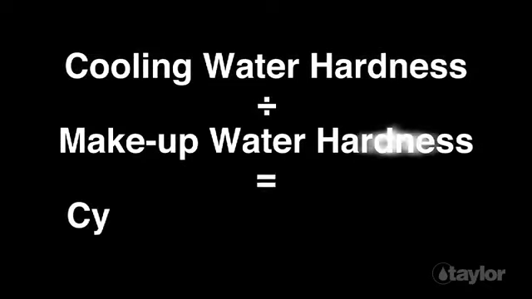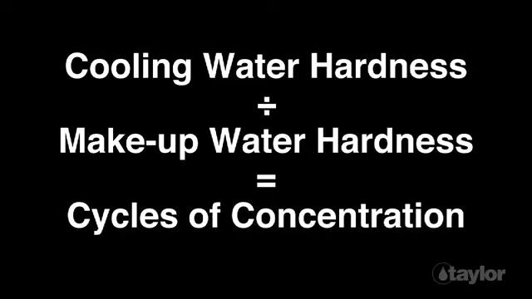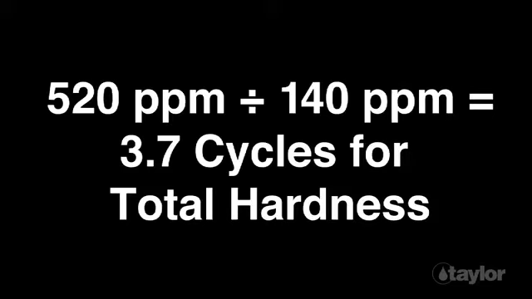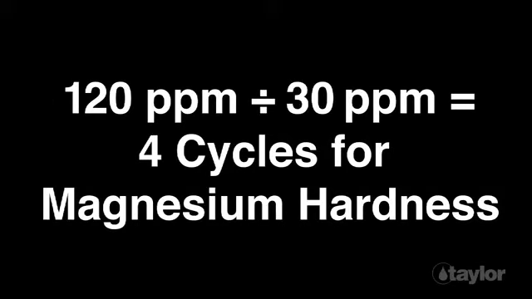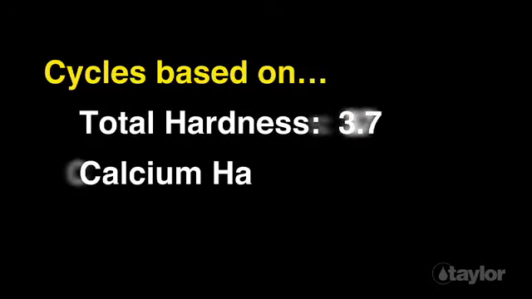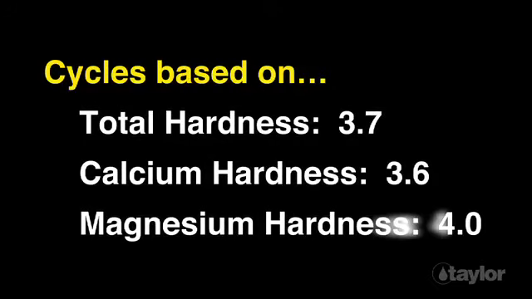If we calculate the cycles of concentration for each hardness species, which is referred to as performing a hardness balance, we would find 3.7 cycles for total hardness, 3.6 cycles for calcium hardness, and 4 cycles for magnesium hardness. Since the calculated cycles of concentration are lower for total hardness and calcium hardness than magnesium hardness, this could be an indication that scaling is occurring within the system.